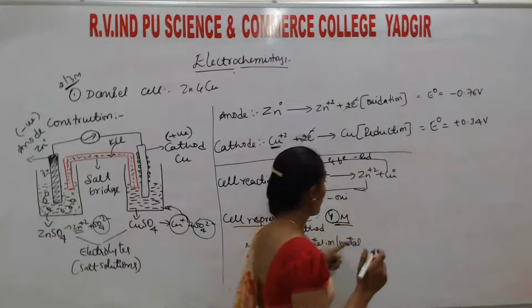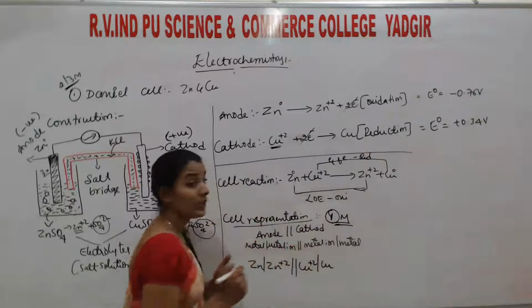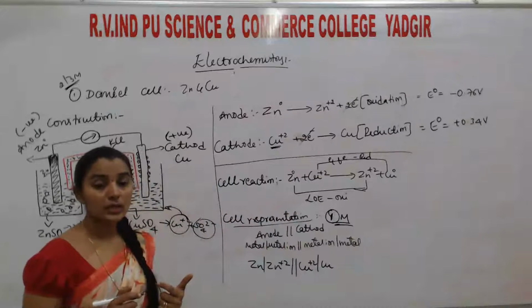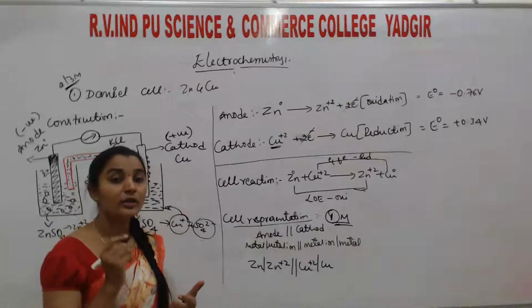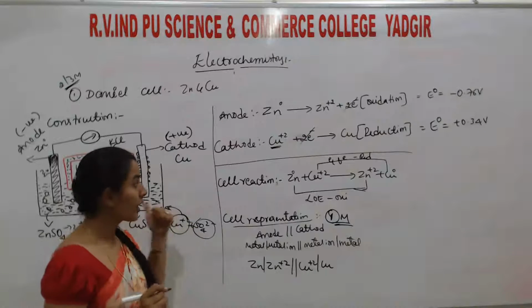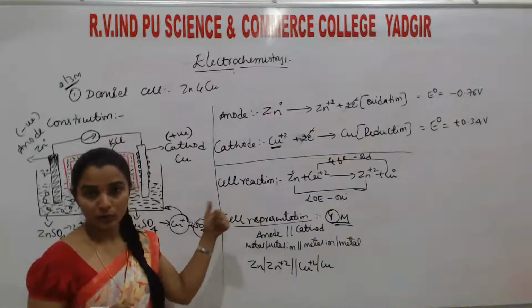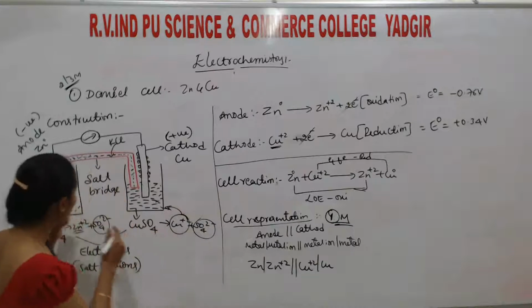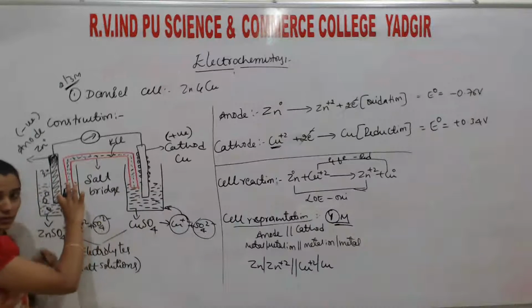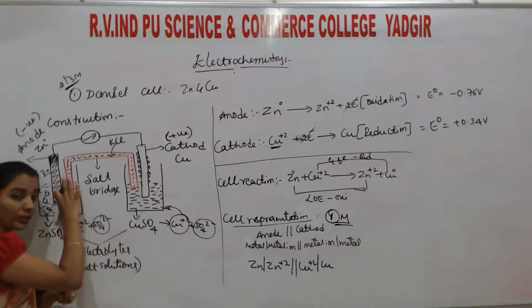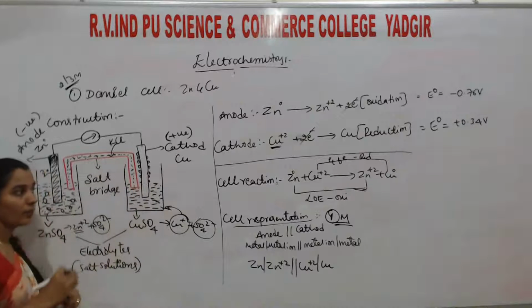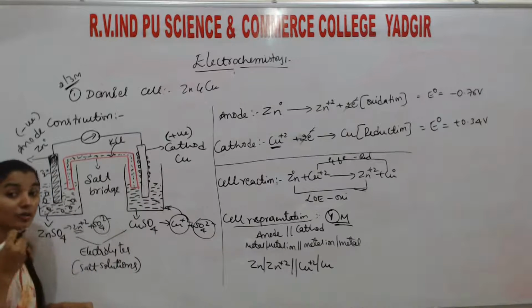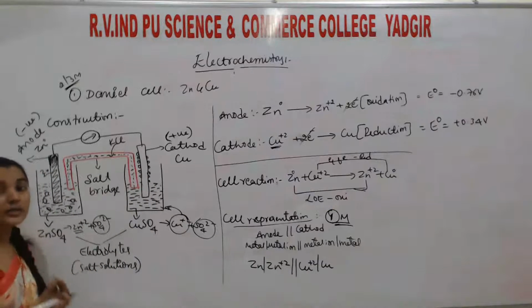Okay. Next, what is EMF? It is the potential difference between cathode and anode, the two electrodes. The potential developed in this zinc and in this copper is called electrode potential. What is EMF?